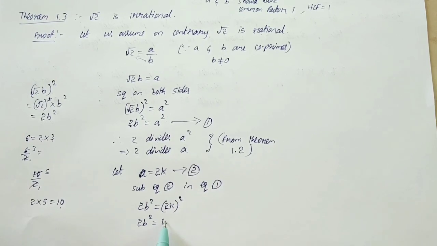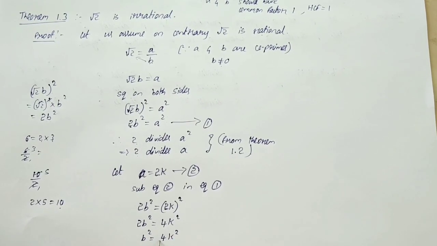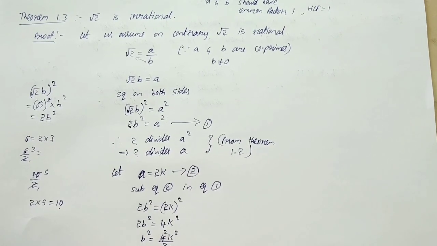So 2 square value 4, k square as it is, right? Next, if we shift 2 to the RHS, what will it become? b square is equal to 4k square by 2. So 2 ones are 2, 2 twos are 4. Therefore b square is equal to 2k square.